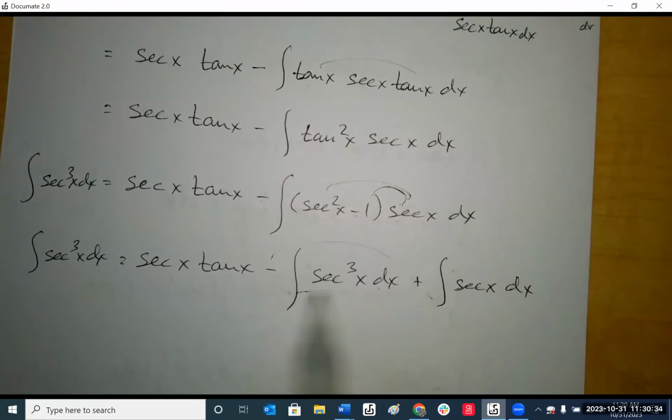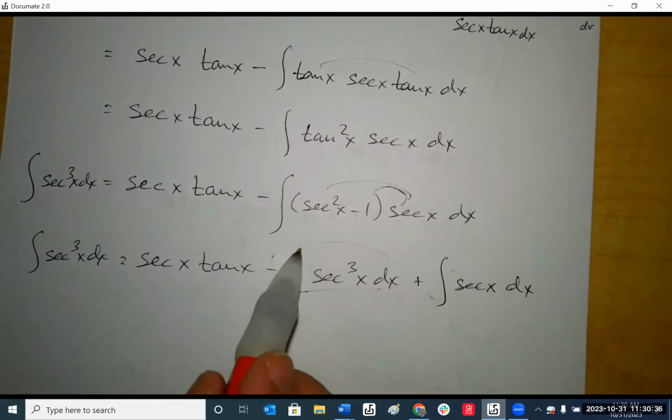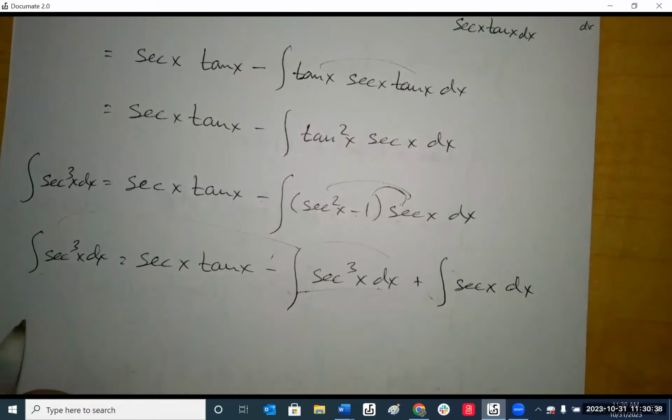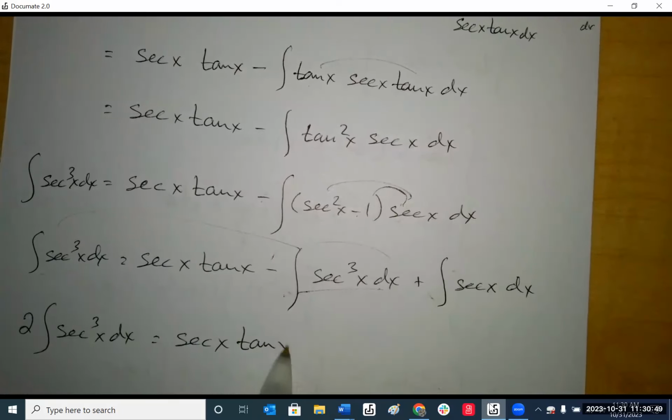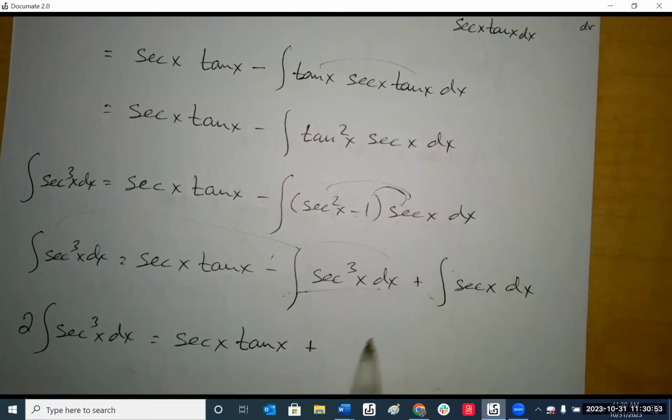All right, so since this is the same thing as here, I can move it over. I add this to both sides, so I have 2 times the integral of secant cubed x dx is equal to the secant of x tangent x plus the integral of secant x dx.